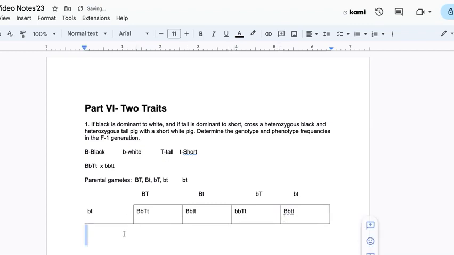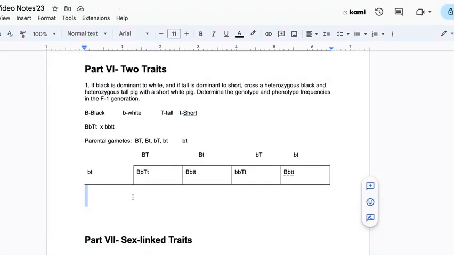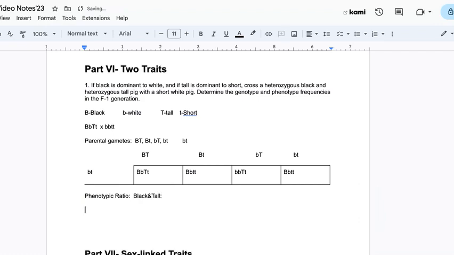And then in terms of what work do I need to show, we would probably ask for a phenotypic ratio. So we would list the phenotypes from most dominant to most recessive. Okay. So I'm looking for black and tall. How many of those do I have?